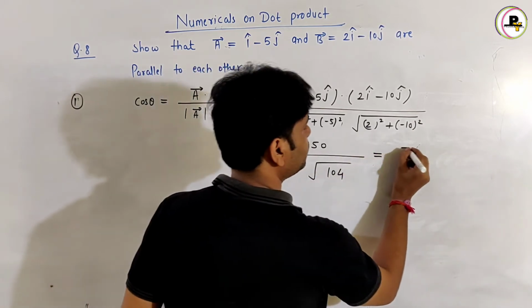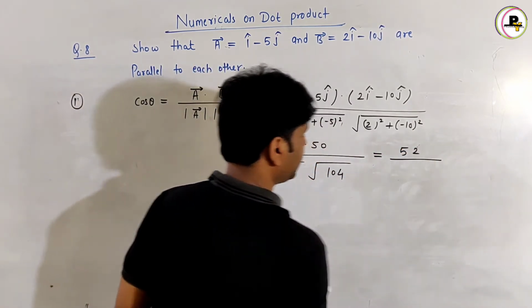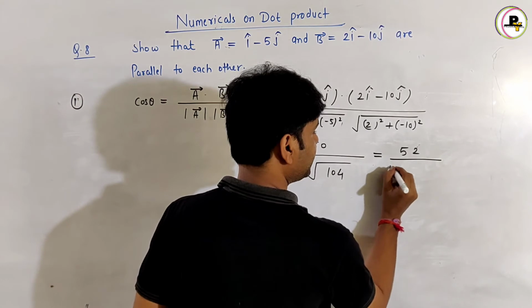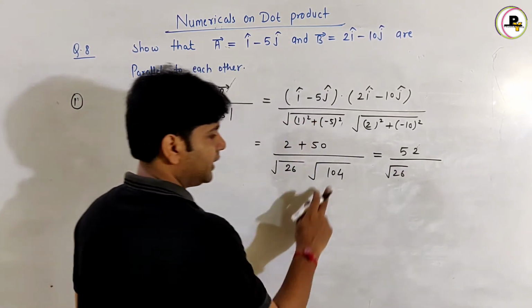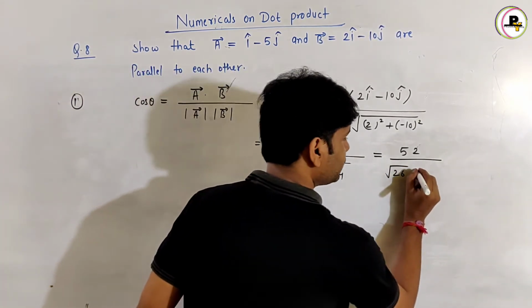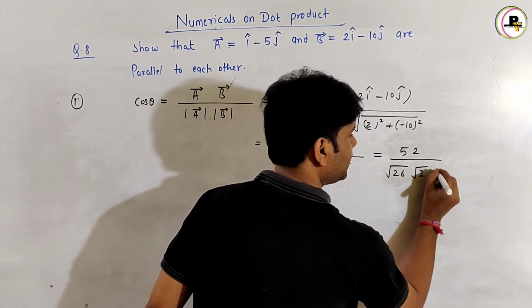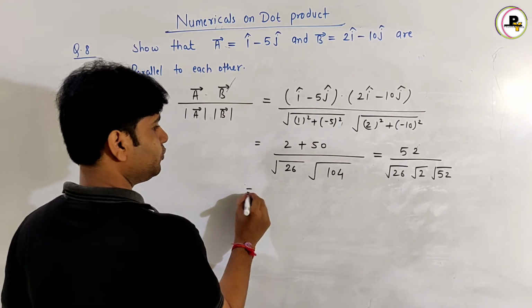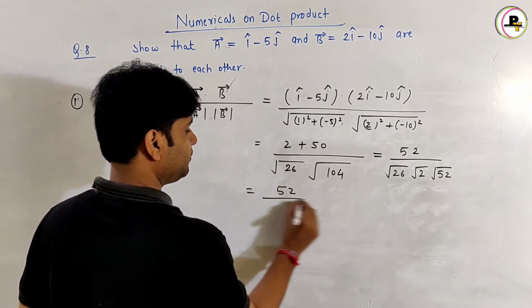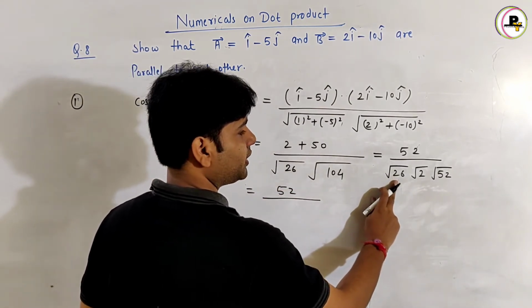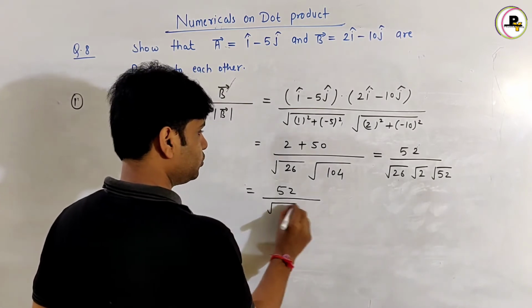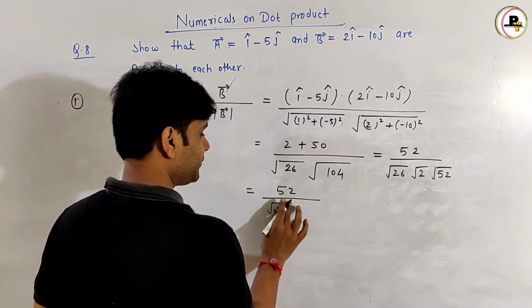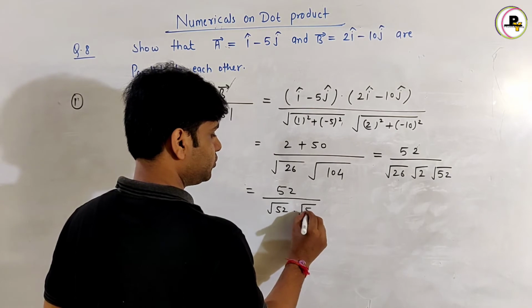equal to what? 52, divided by, here I get square root of 26, and 104 can be written as square root of 2 into square root of 52, and therefore I get what? 52 divided by square root of 26 into root 2 is square root of 52 into square root of 52.